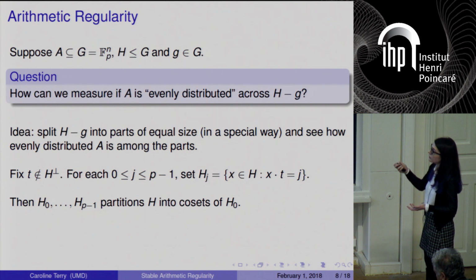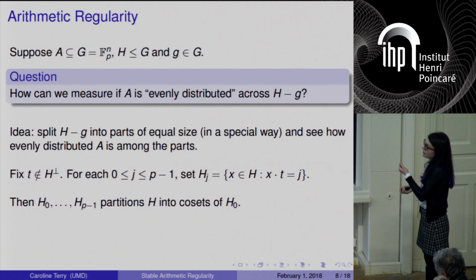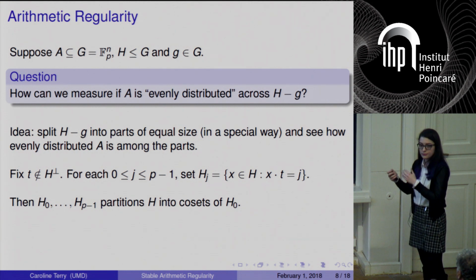Okay, so you give me this t, I get a subgroup of index p, and these are its cosets, H_0 through H_{p-1}. So every t like this gives me a way to partition H into the cosets of an index p subgroup.